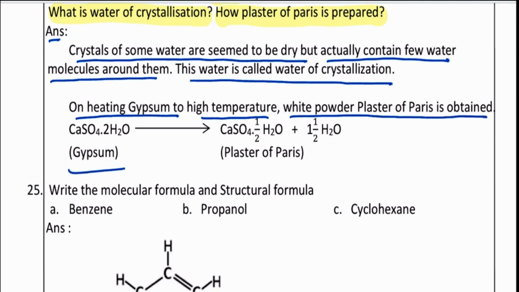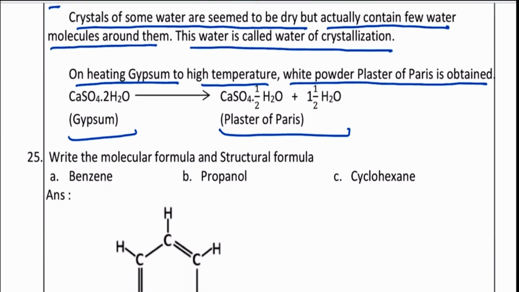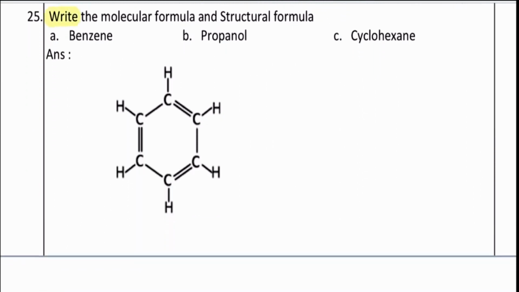Here is the formula of gypsum and plaster of Paris. Next question. Write the molecular formula and structural formula of benzene, propanol and cyclohexane. We can also write benzene like this.